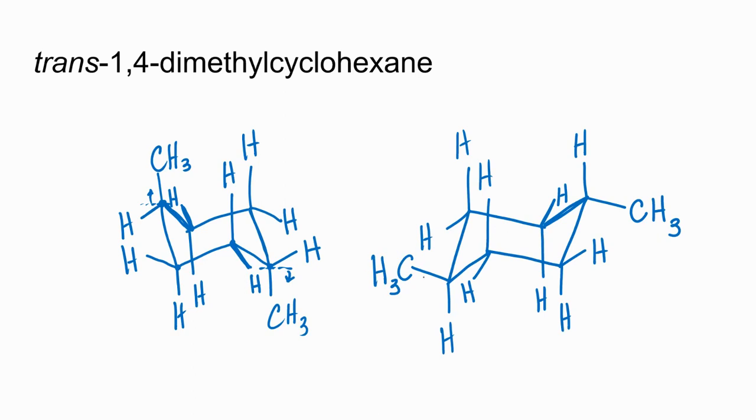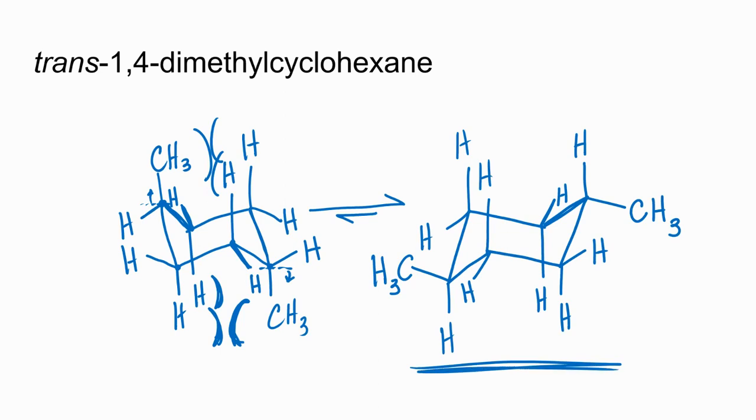And these equatorial groups are going to be much more favored because they have much more room for that big methyl group. Here we've got a lot of steric strain caused by those methyl groups and their neighboring hydrogens. So this is going to have a lot of steric strain, and having the 2 groups axial on the right is really going to be the favored conformation.